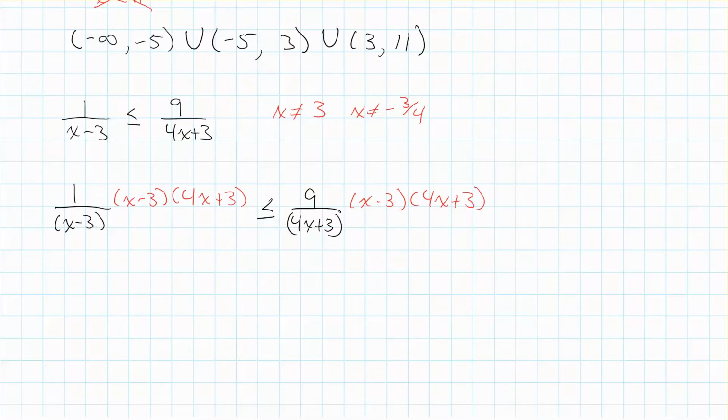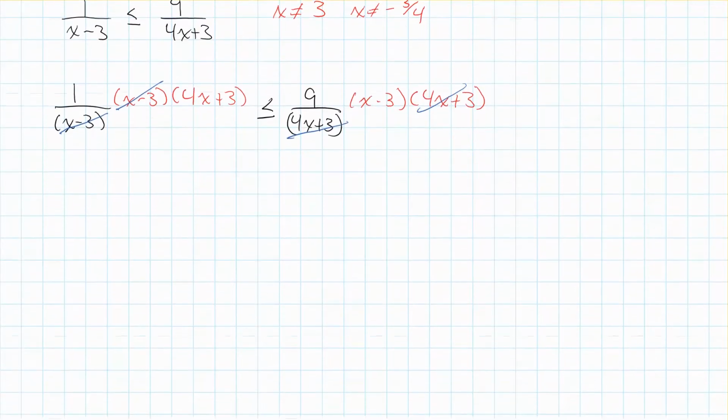And then we can cancel. X minus 3's would cancel here, and these 4x plus 3's would cancel on the right hand side. So then the left hand side just becomes 4x plus 3 is less than or equal to 9 times x minus 3.